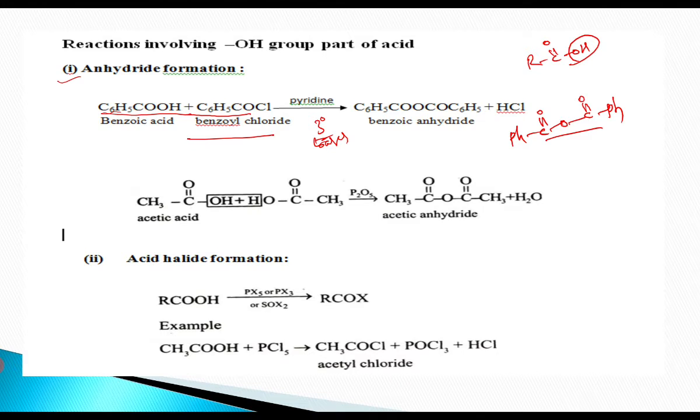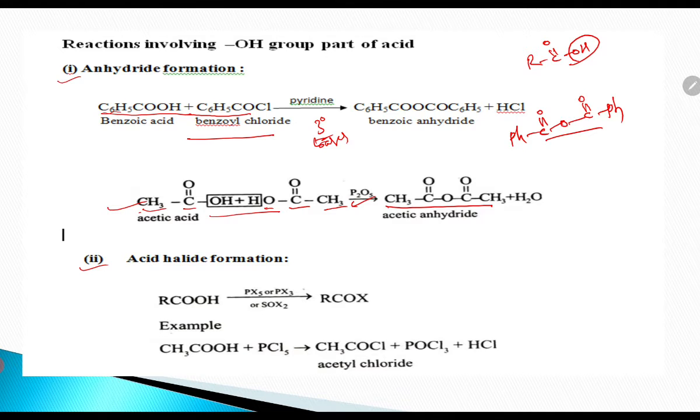For example, in the presence of phosphorus pentoxide, if two carboxylic acids are heated, say for example here we have taken two molecules of acetic acid, these two molecules, when heated in the presence of a dehydrating agent, lose one water molecule and form the anhydride CH3CO-O-COCH3. In this way acetic anhydride is obtained. Next, second reaction, acid halide formation.